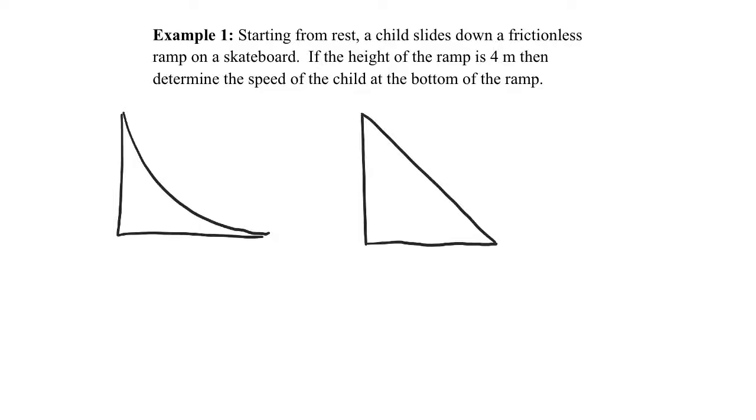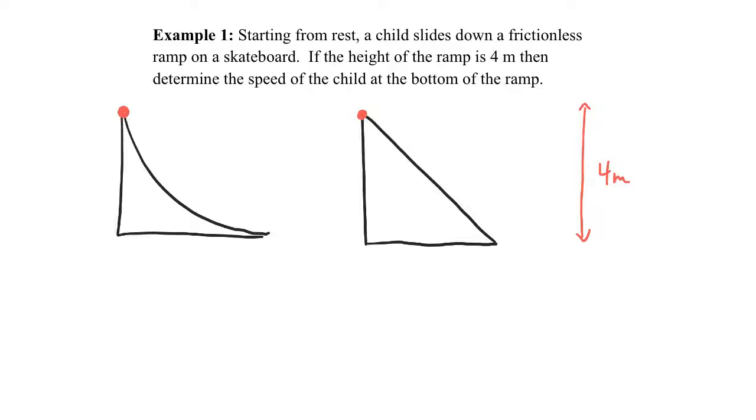So depending upon which ramp I have, again, it doesn't matter. I know that the height is 4 meters above where the bottom is. So that's my overall height in either case. It doesn't matter which ramp I'm referring to. And again, at the top of the ramp, the skater starts from rest. So what kind of energy does the skater not have in this problem?